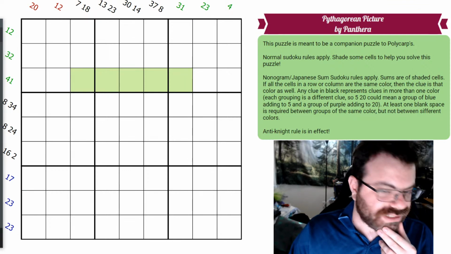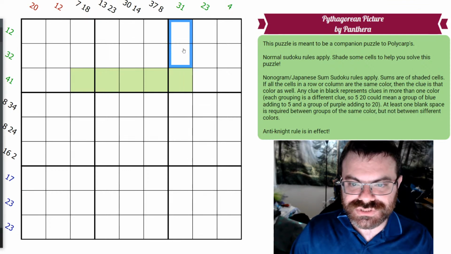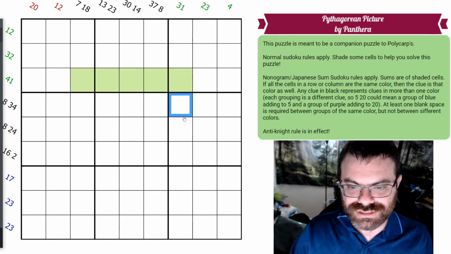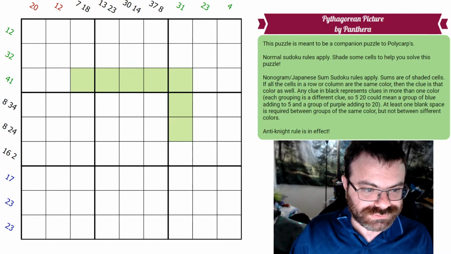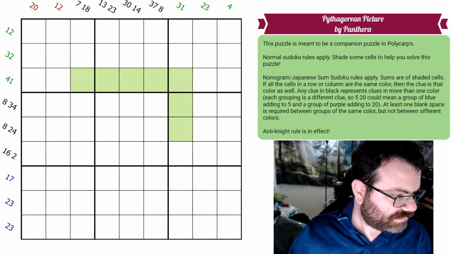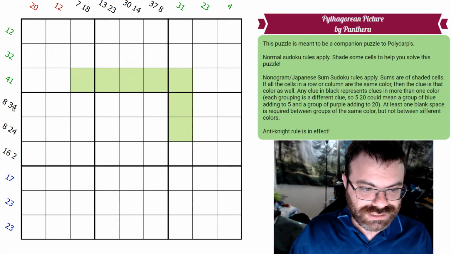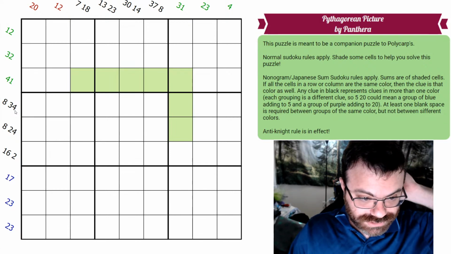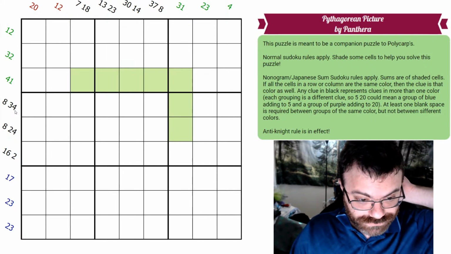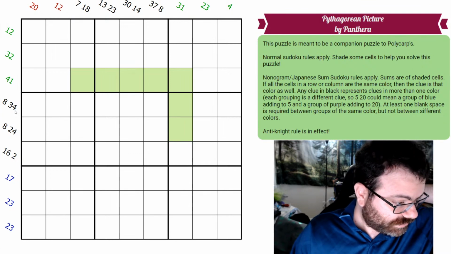31 must be at least 5 long. So it can use these 2, 1, 2, 3, but then it has to take these 2. 8 plus 34 is 43. That's a good one. 42.